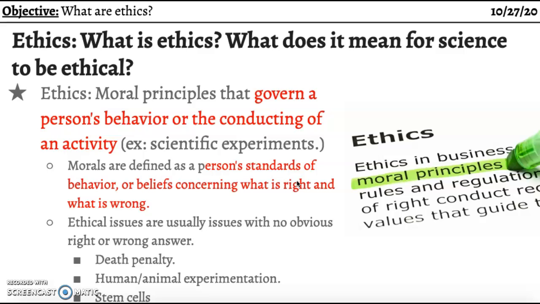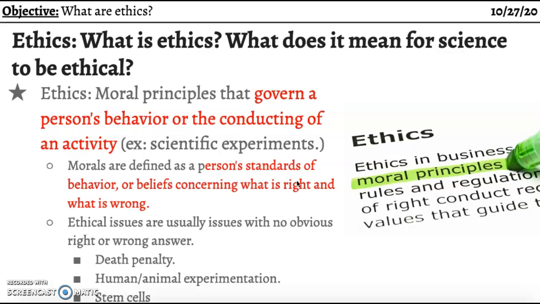And to further explain, morals are defined as a person's standard of behavior: how somebody behaves if they believe that something is right or something is wrong. So ethics is the consideration of conducting an activity based on what is right and what is wrong. Ethical issues are usually issues with no obvious right or wrong answer.